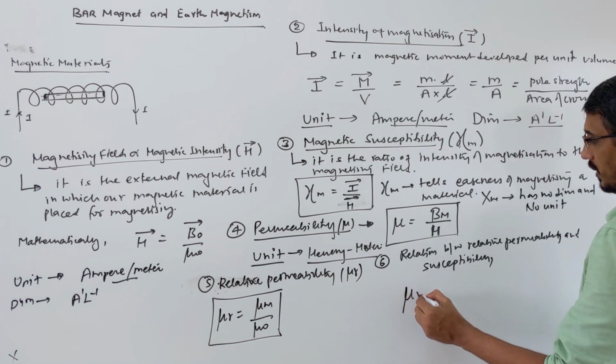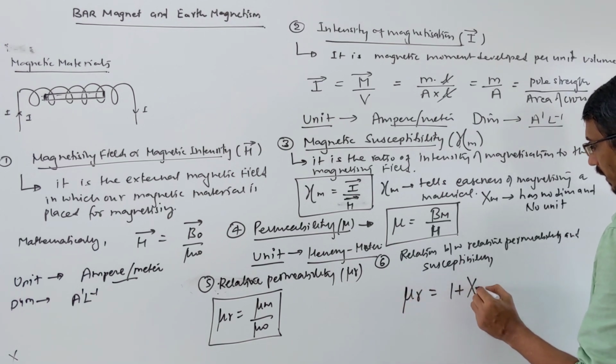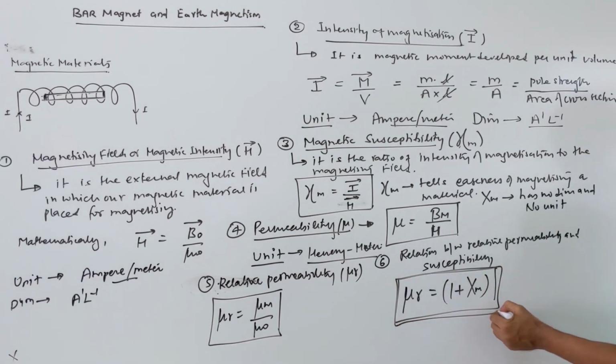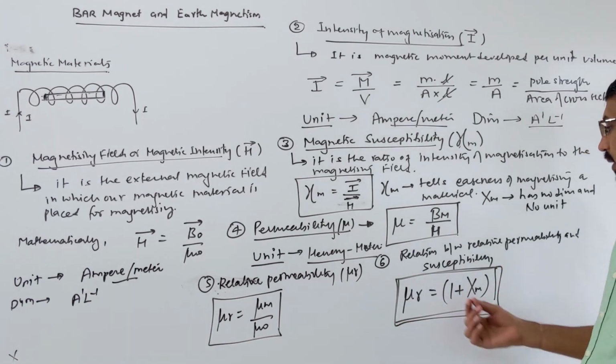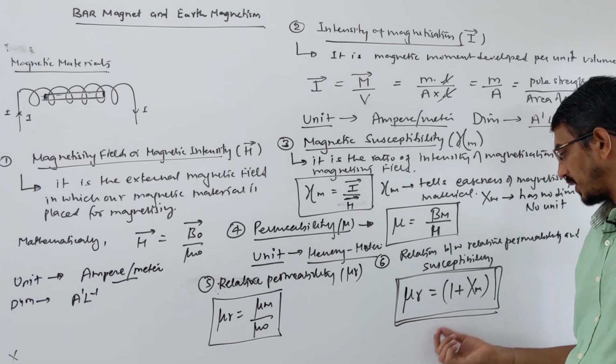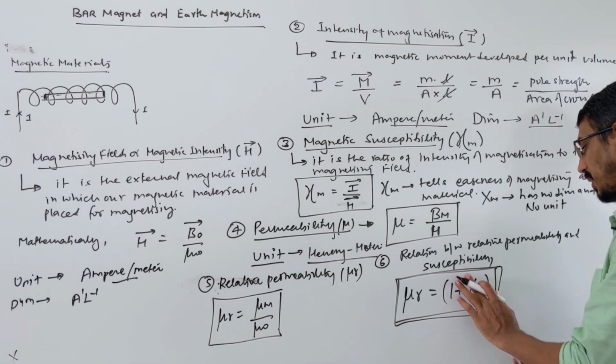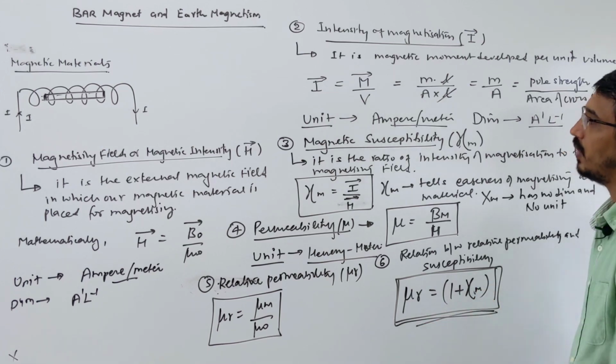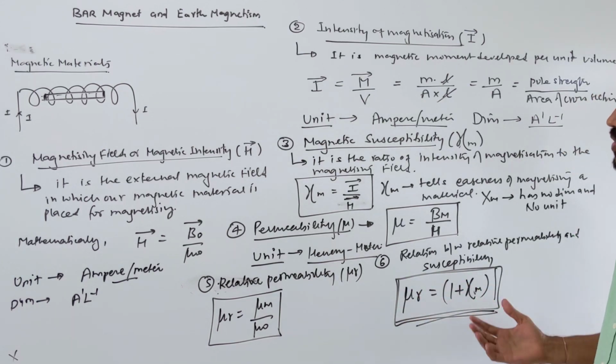Your mu r is simply equal to 1 plus chi m. This is a little important, you should remember this. The relative permeability of a given material is equal to 1 plus the susceptibility of that material. These were some basic definitions you should remember.